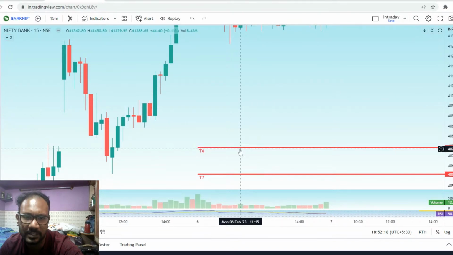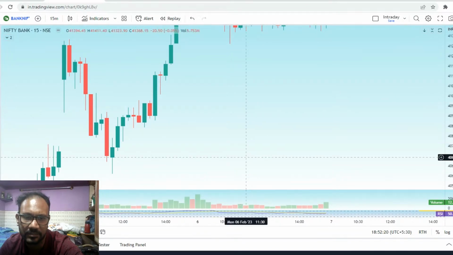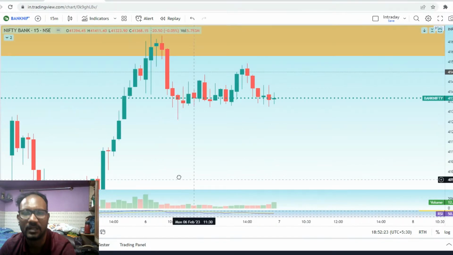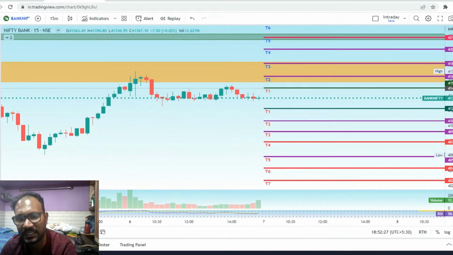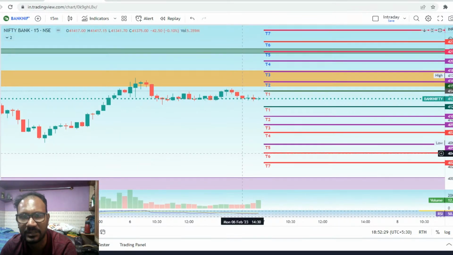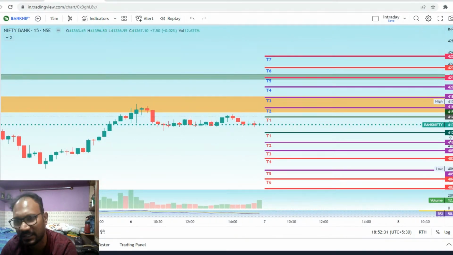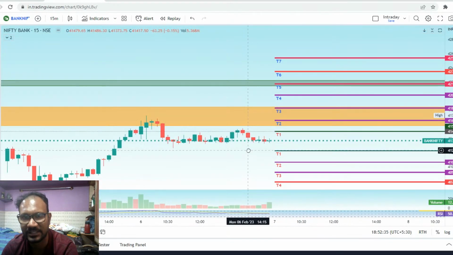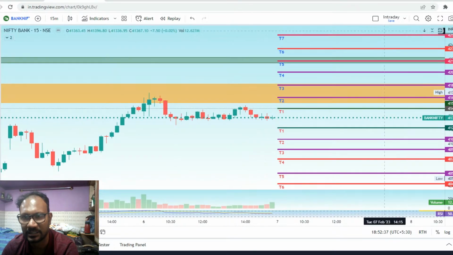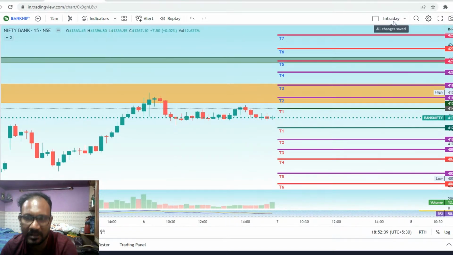Now let's go to the lower side. So all are removed now. Paste. Levels are drawn and beautifully set. Right. So when the day opens, you just need to see where it is and then take actions. That's all. Very simple. Now we are relaxed. Done with Bank Nifty. Now I will go with Nifty. So just a moment, one moment.